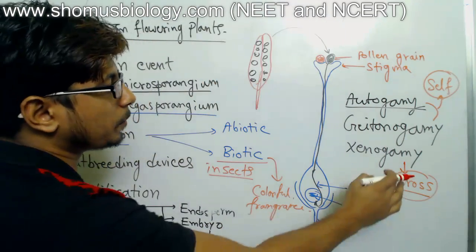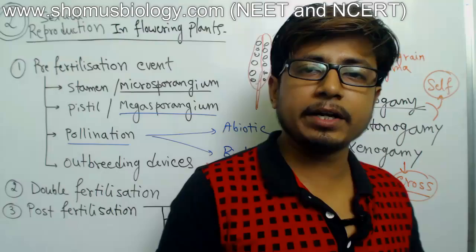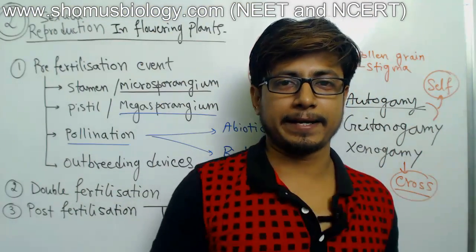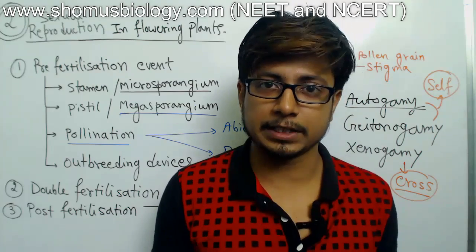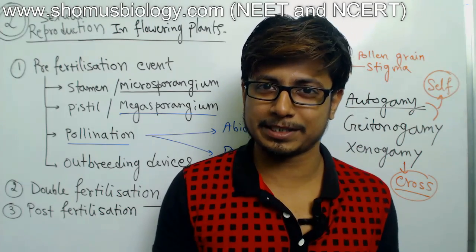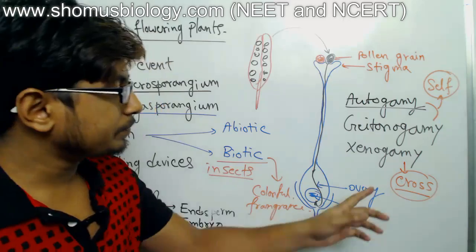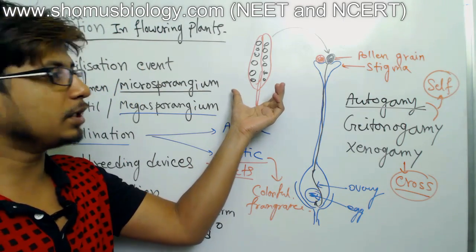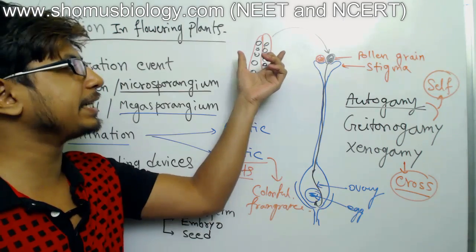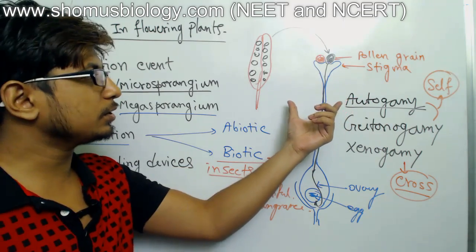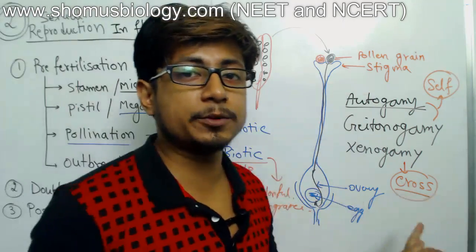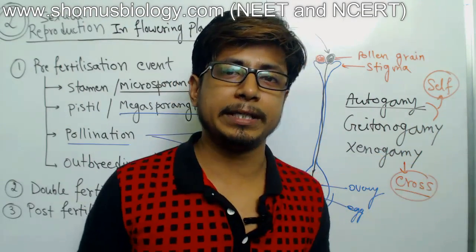Cross pollination means whenever pollen grain from one plant is transferred to another plant of the same species, obviously, because the reproduction will take place between individuals of the same species. But let's say this is from plant A, so the pollen grains from the anther of plant A are transferred to the top of the stigma of plant B, a different plant. That's why it's known as cross pollination.